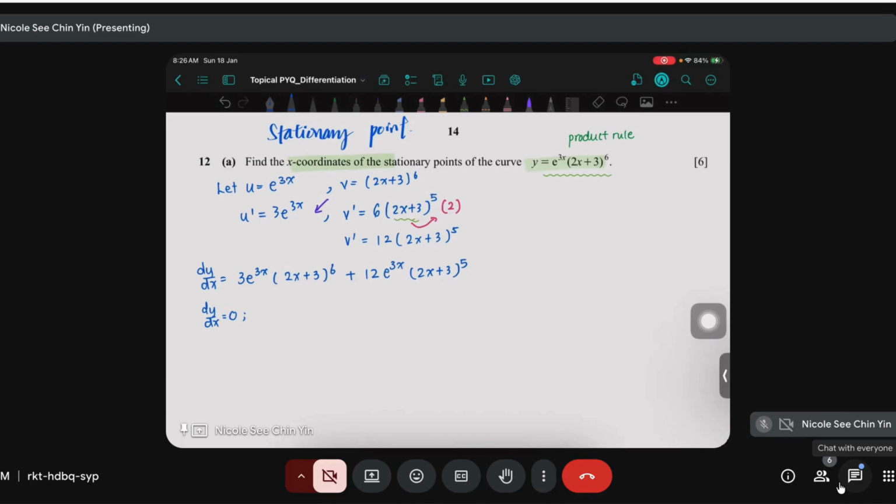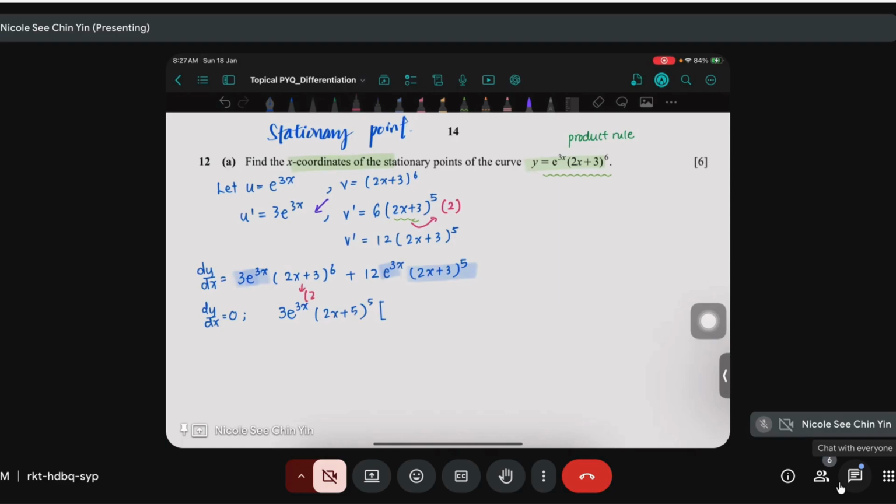Okay, so that means when I want to solve dy/dx equals 0, first of all, I need to do factorization. Otherwise, I can't work out the entire whole thing. So common factor for both terms, right? I have 3e^(3x). At the same time, I have another factor (2x plus 3). So I will take out (2x plus 3) to the power of 5. Okay, what is inside? Don't forget, I'm going to split this one.